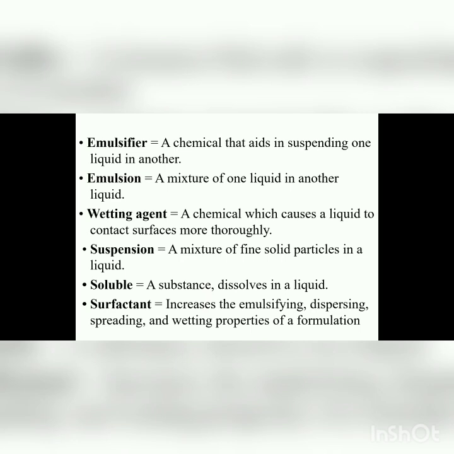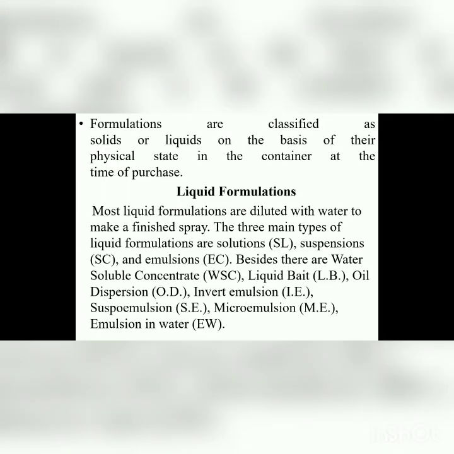Then wetting agent, a chemical which causes a liquid to contact surfaces more thoroughly. Then suspension, a mixture of fine solid particles in a liquid. Then soluble, a substance dissolved in liquid. Then surfactants, which increase the emulsifying, dispersing, spreading and wetting properties of a formulation.